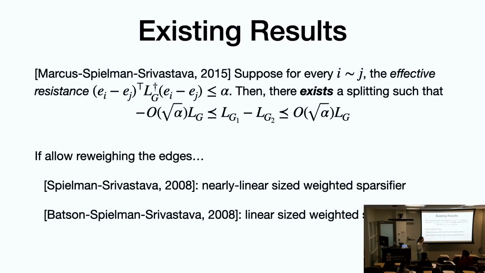Sorry, for the factor half, you mean the number of edges? No, I mean the error here. What I understood is that if you can perform the split, then any quadratic form with the Laplacian of G1 or the Laplacian of G2 is the same as the quadratic form with respect to the Laplacian of the original graph up to a factor of half. So why are we not losing that factor of 2 or half? Actually we lose it.